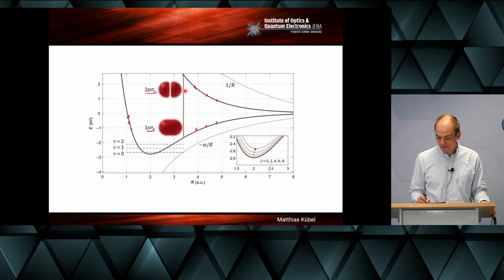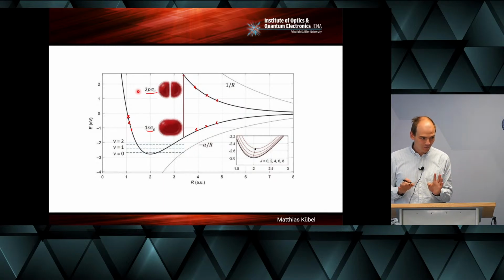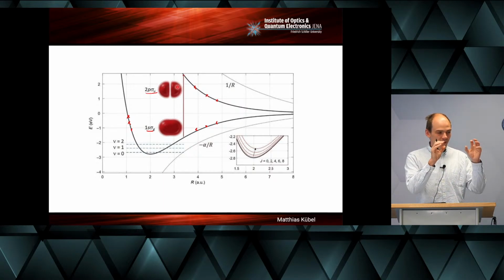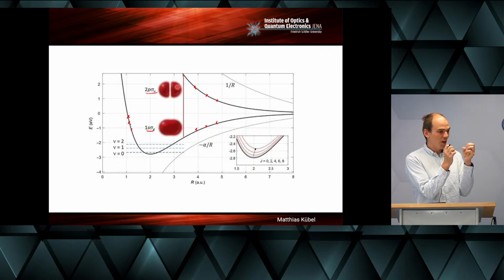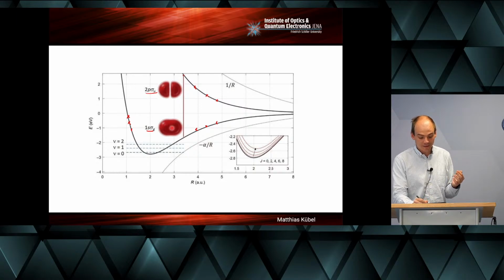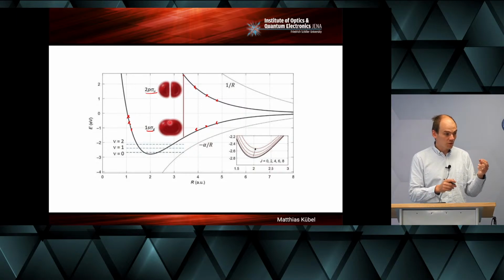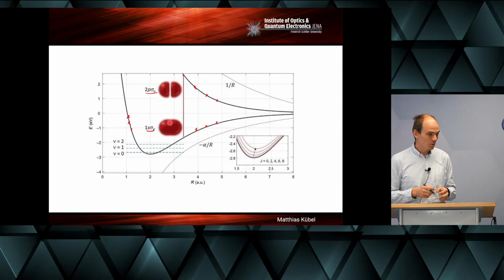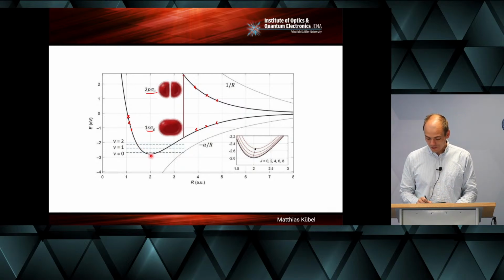Since there is only one electron in here, you can classically think of this as two protons with half a partial charge each, and then, of course, they will repel each other. In the binding case, however, the highest electron density is between the nuclei, and so the electron serves like a glue, if you want, to hold these together. So we have here one binding curve and one not binding curve.